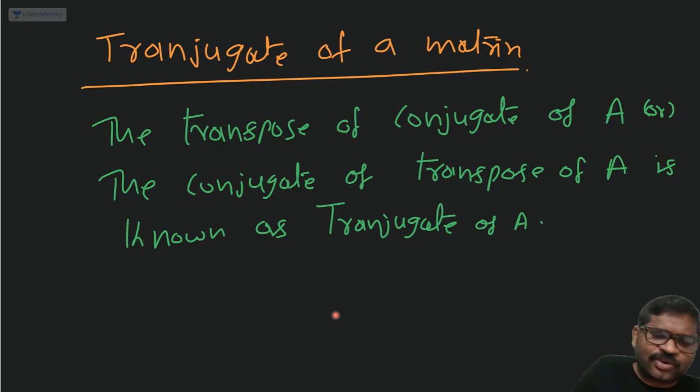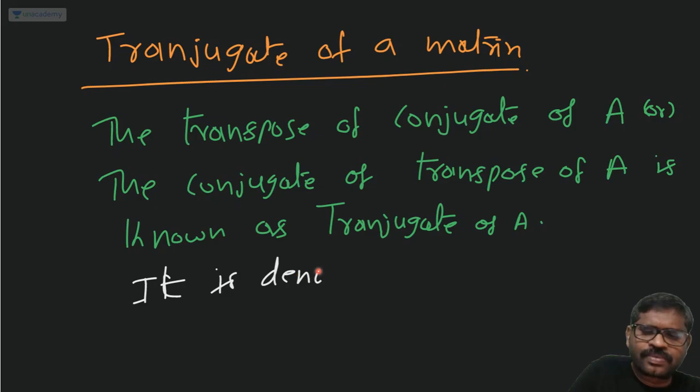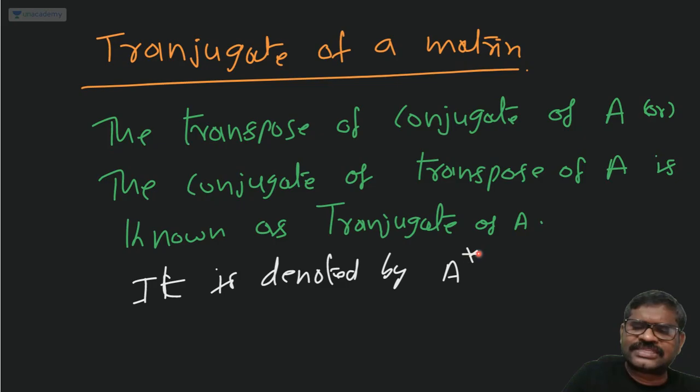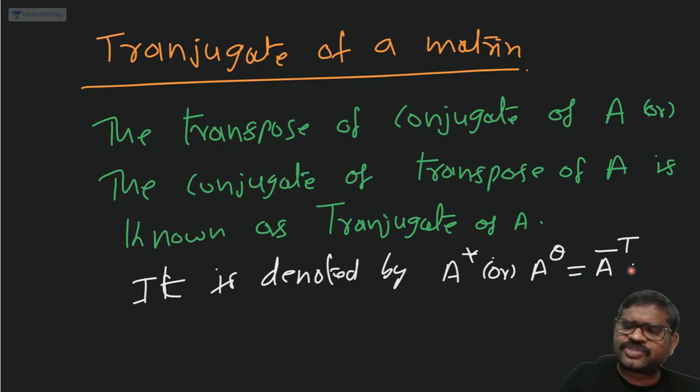It is denoted by A star, A power asterisk, or A power theta. What is the meaning of that? A bar transpose or A transpose bar. A power theta or A power asterisk is nothing but A bar transpose or the bar of A transpose.